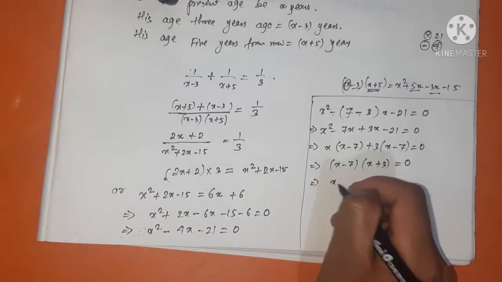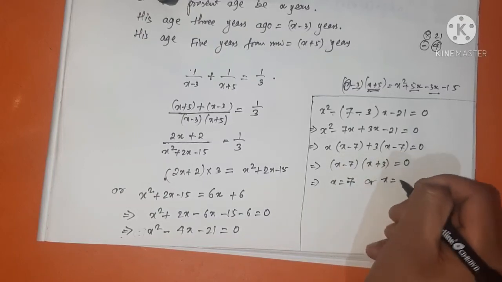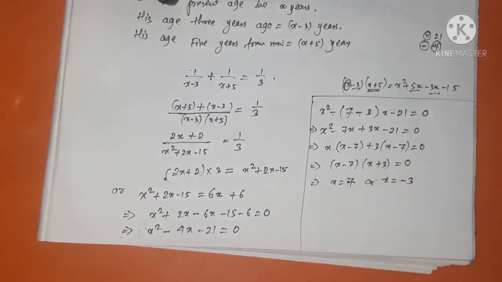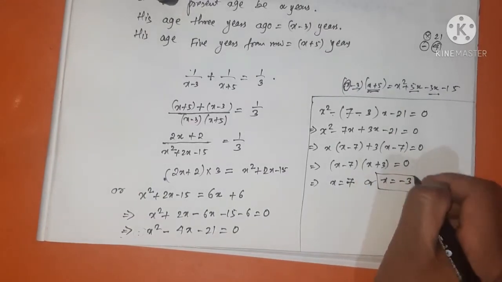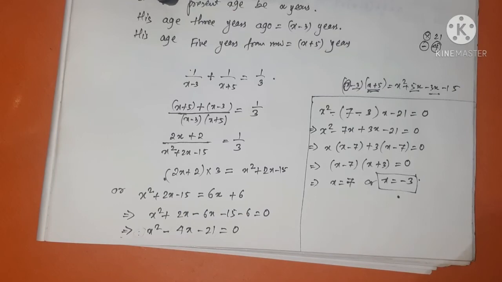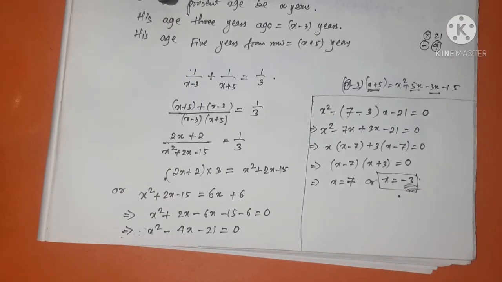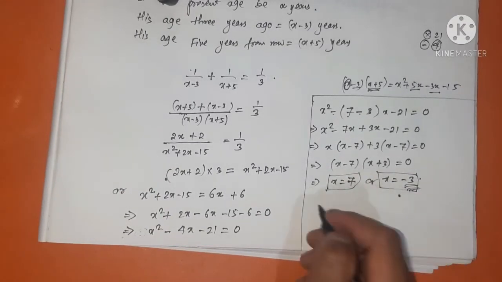This gives you x equals 7 or x equals minus 3. But this is not accepted, since what is x? X is the present age of that person, right? That means age can never be negative. If somebody asks what is your age, then you cannot say minus 12 years or minus 3 years, right? So x equals 7 is the present age.